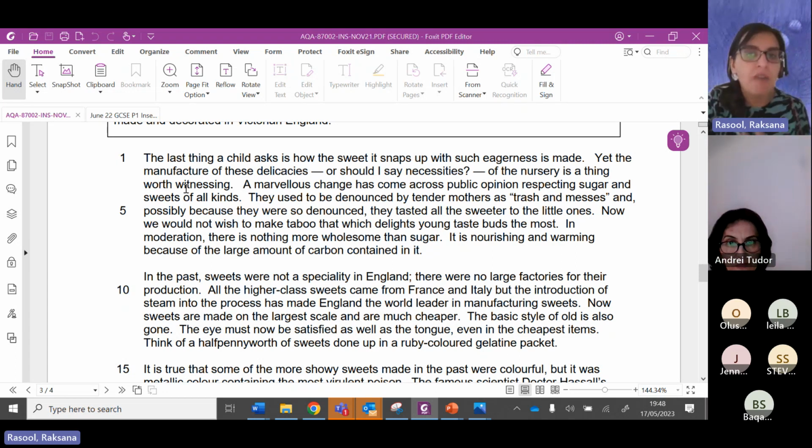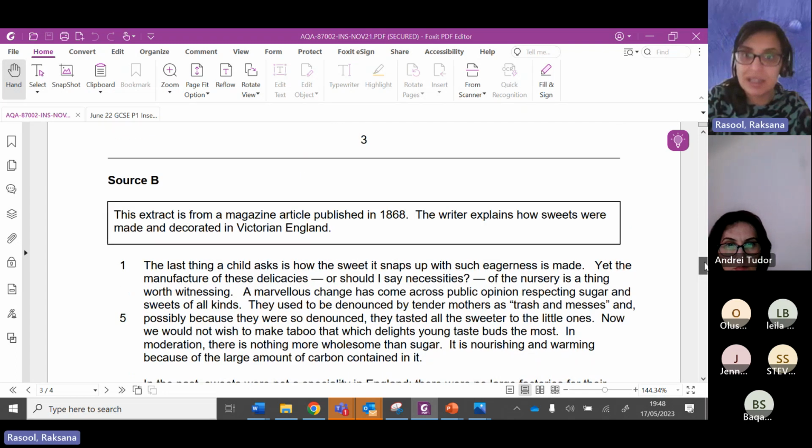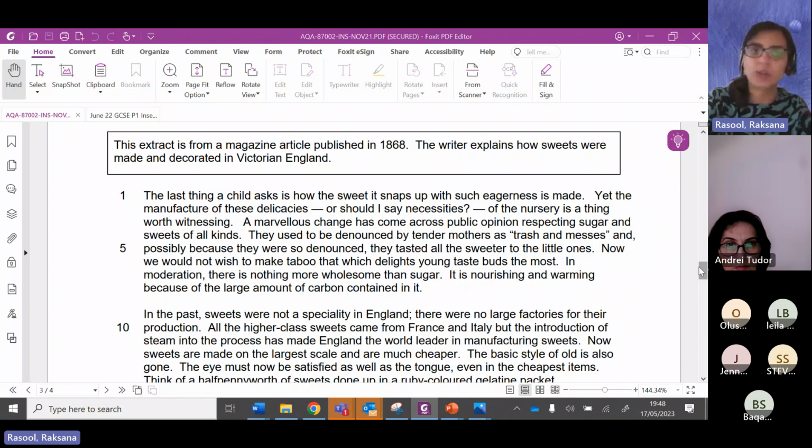A marvelous change has come across public opinion respecting sugar and sweets of all kinds. Remember, this is in 1868, so way before the kind of sweets we know. They used to be denounced by tender mothers as trash and messes. So mums used to disallow them.